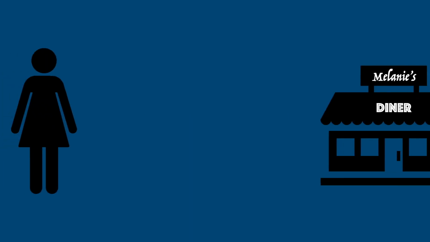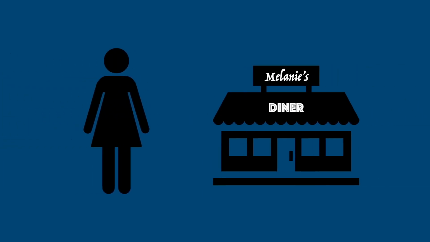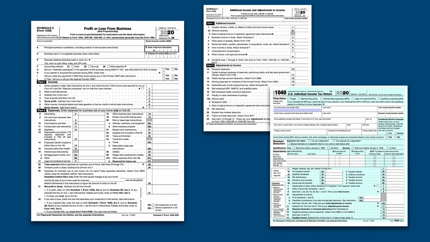A sole proprietorship is formed when a single individual goes into business for themselves with no formal structure aside from, perhaps, obtaining a business license. Proprietors report their income and expenses directly on their tax returns using a Schedule C. The net income is then carried to Schedule 1 and in turn to Page 1 of Form 1040.